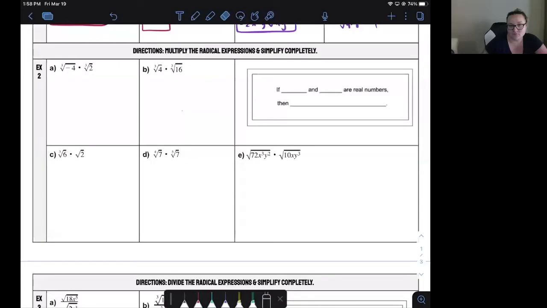So my final answer. Before we start example 2, multiplying radicals and then simplifying our final answer, we need to go over a definition.